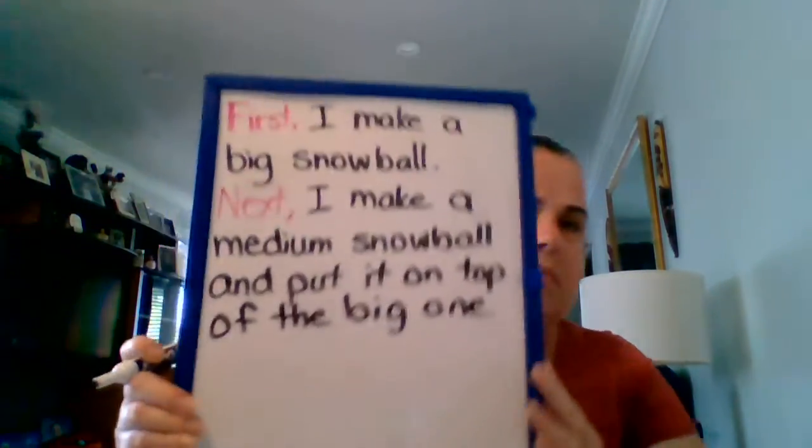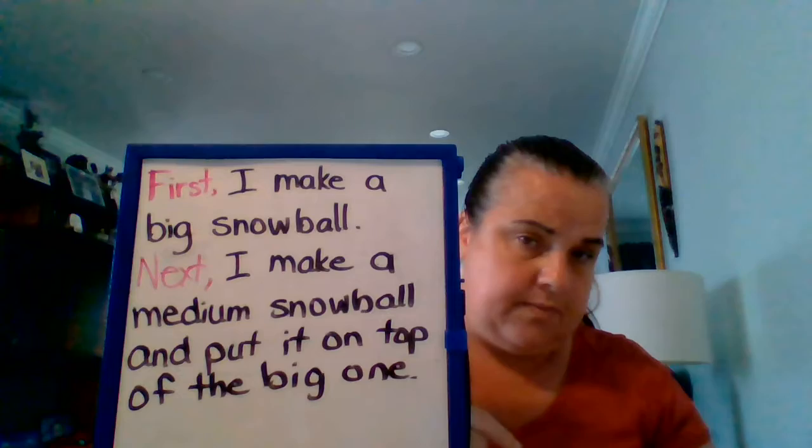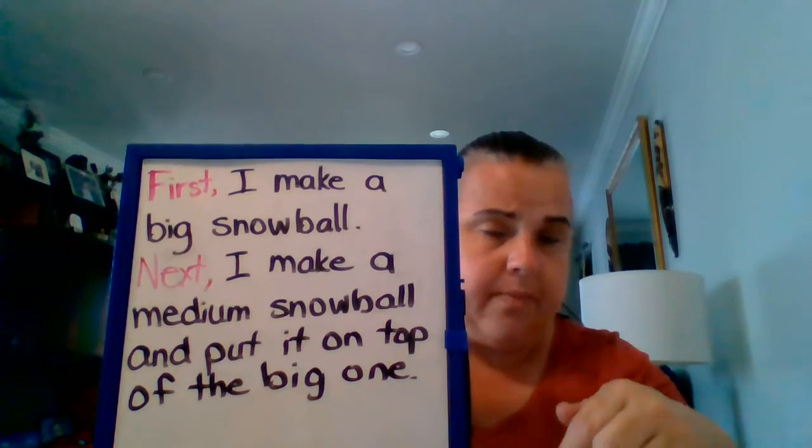Next, I make a medium snowball and put it on top of the big one. Okay, so first I make a big snowball. That's the first thing I do. Next, I make a medium snowball and I put it on top of the big one.